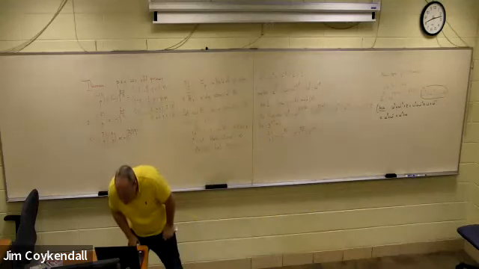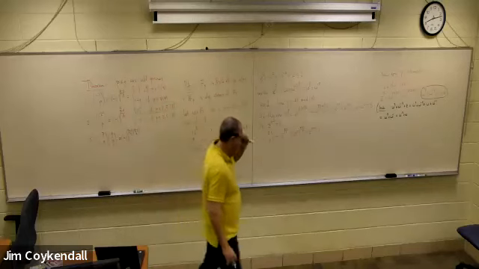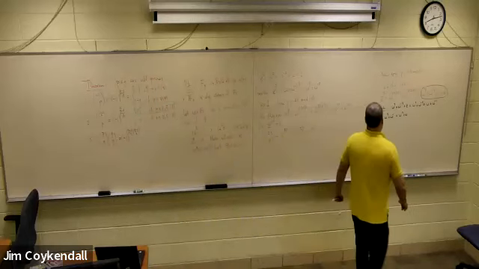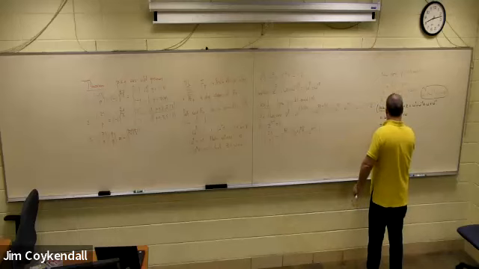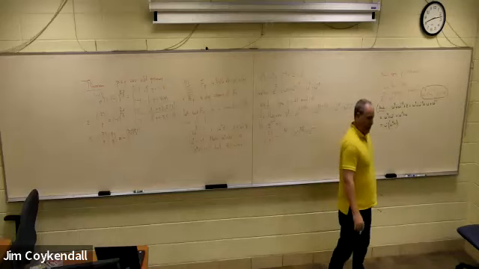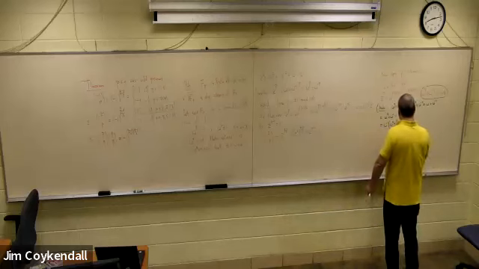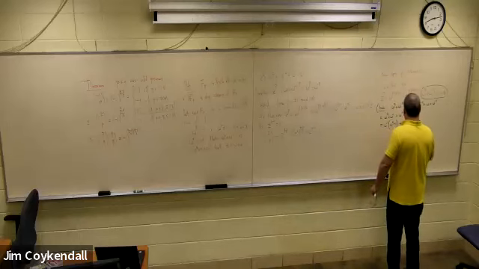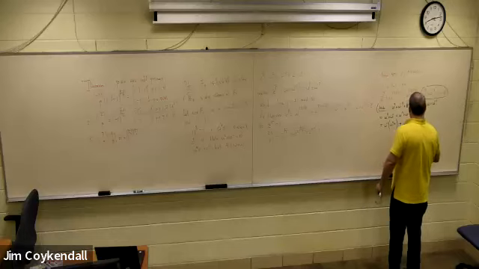And so I'm going to pull out an omega minus 1 here, leaving me with omega 4 plus 1. Right? And I'm going to pull out omega here, leaving me with omega minus 4 plus 1.